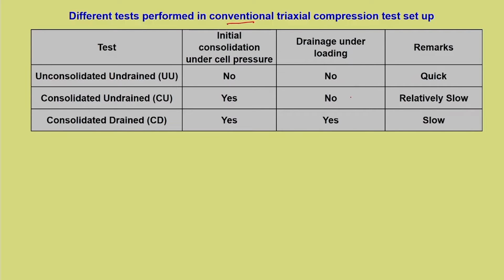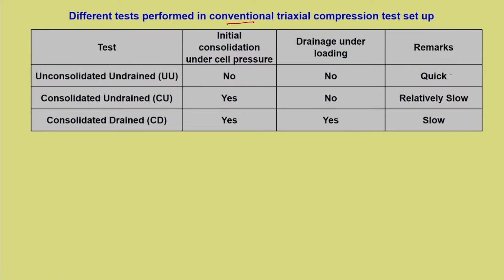Whereas, in the case of loading, that is in the shearing stage, it is not. The drainage valve is closed and hence it is a complete undrained condition. Then consolidation also happens, that is drainage valve is not closed. During confinement also it is open and during shearing also it is open, and hence there is volume change which is happening during both the stages.